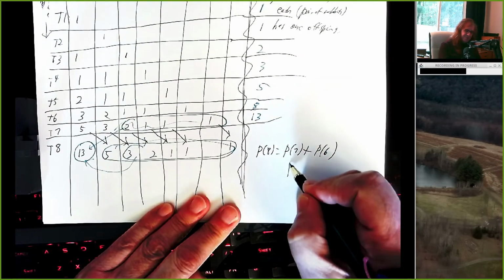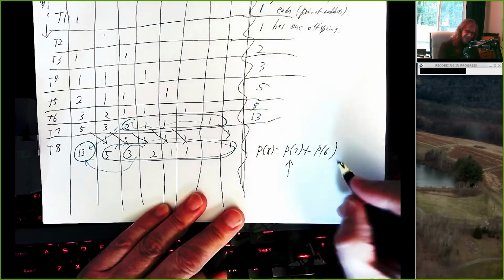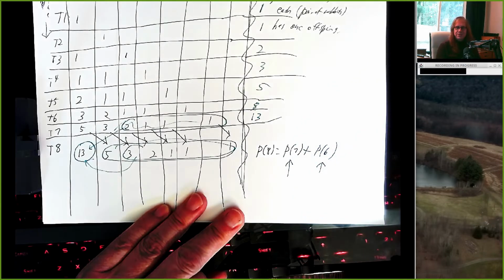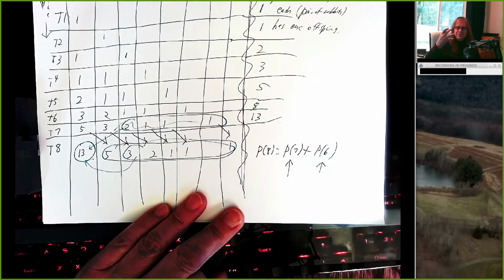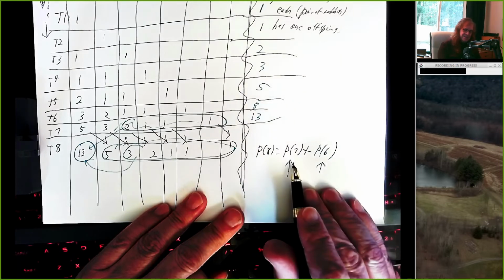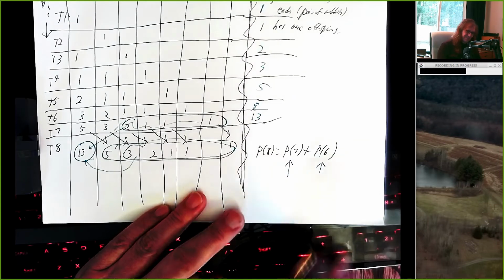Right? This is the population from a month ago that did not die because they're immortal. And this is the number of rabbits that were in the population 2 months ago, which is the exact number of new rabbits that we have in the population. So at time 8, this is the number of rabbits we had at time 7 plus the number of new rabbits.